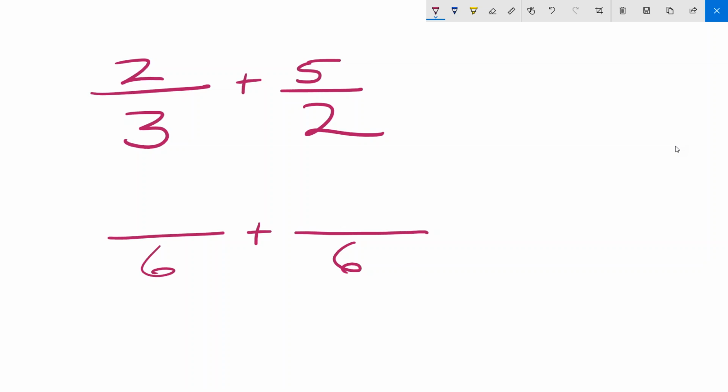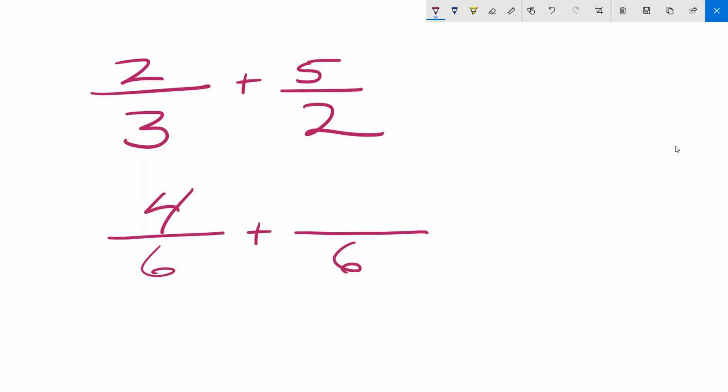Now, how do we figure out how many sixths 2/3 is? Well, 2/3 is... Divide the 3 into the 6. Take your answer, multiply it by the numerator. It's 4/6. Good. Do the same thing on the halves. Divide 2 into 6.